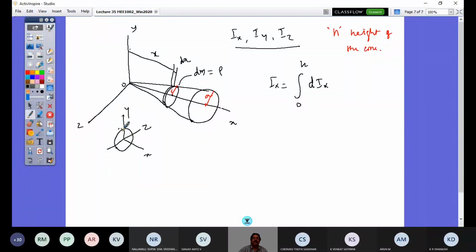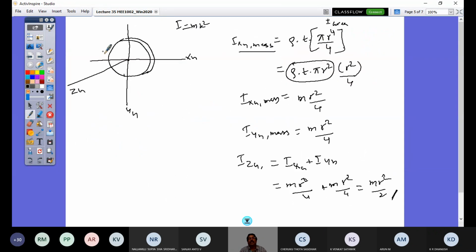If this is a disk, as we looked at in the previous slide, for a circular disk about the xg and yg axes, it is mr squared by 4 and mr squared by 4.